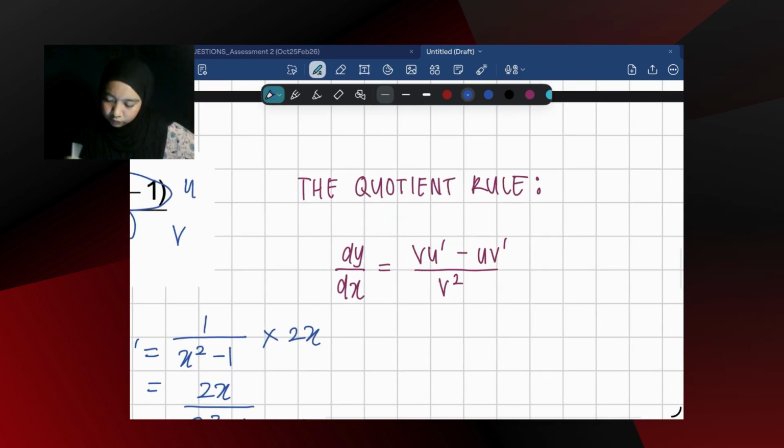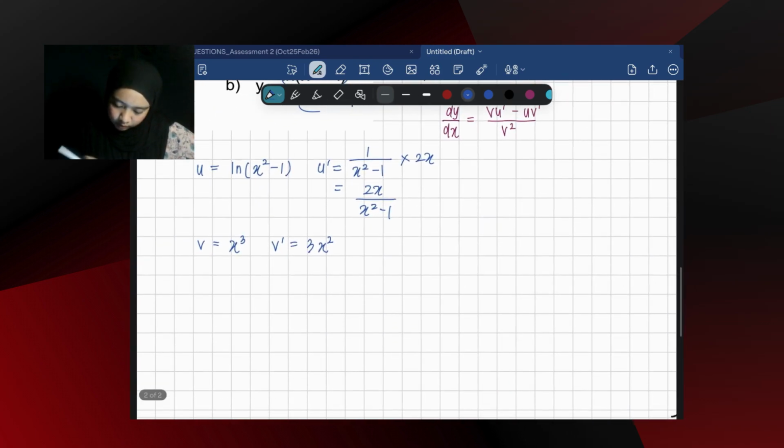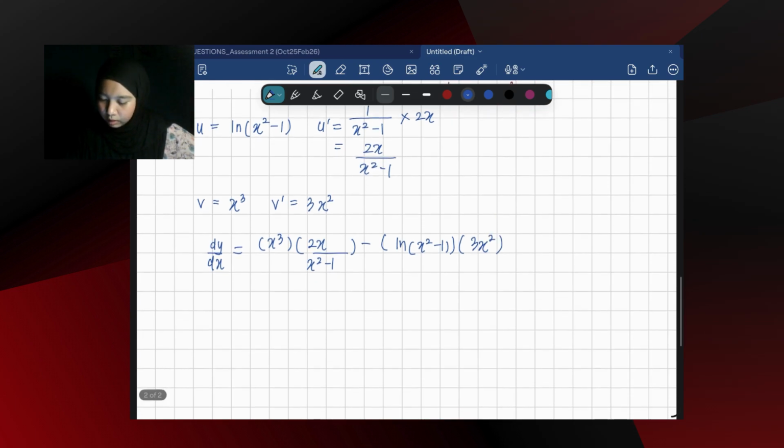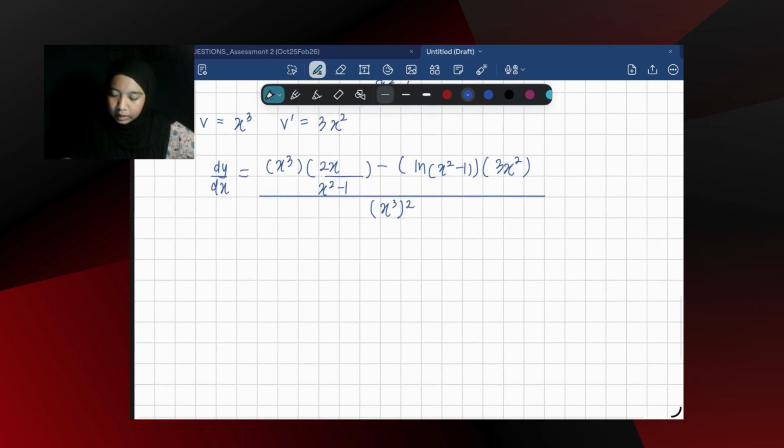So we get dy over dx equals x to the power of 3 times 2x over x squared minus 1, minus ln of x squared minus 1 multiplied by 3x squared, over x to the power of 3 squared.